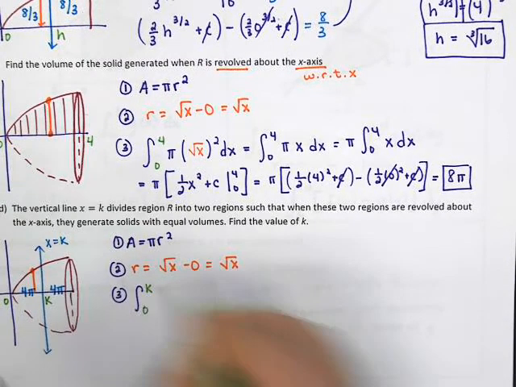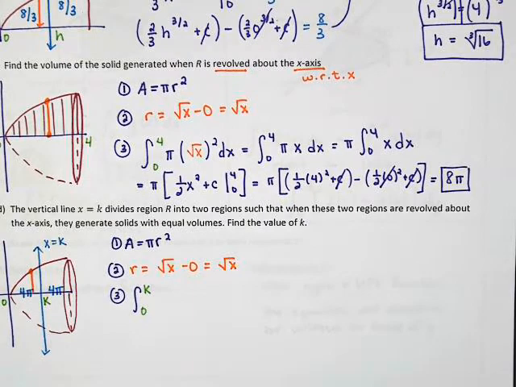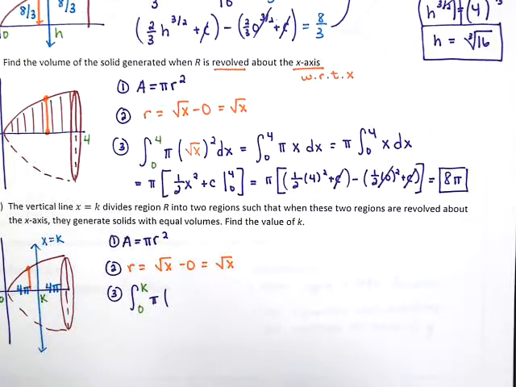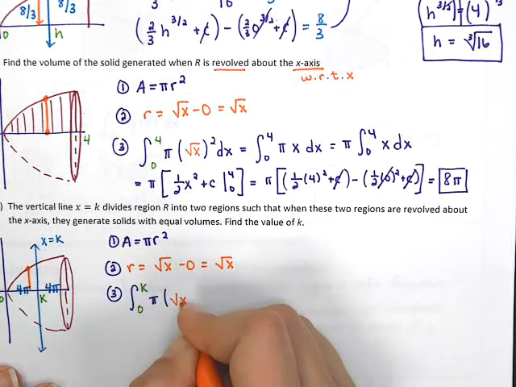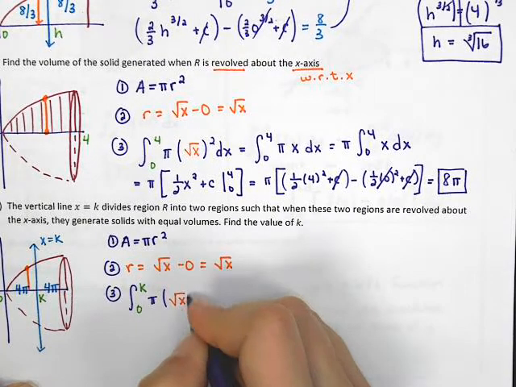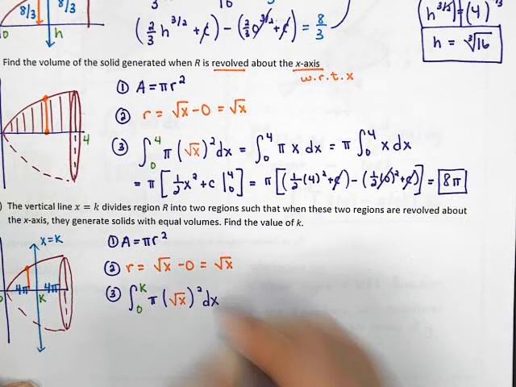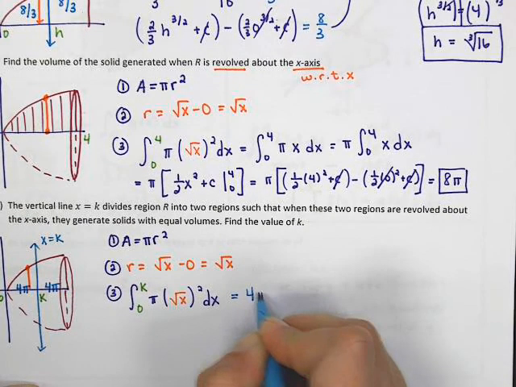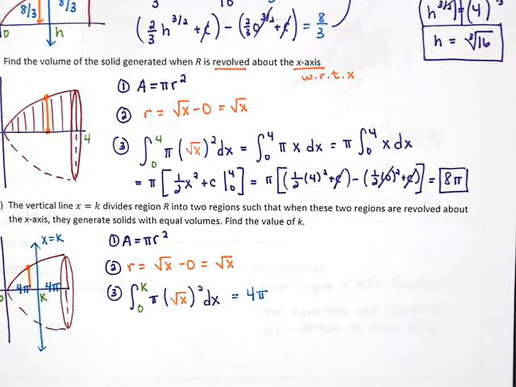I don't know that end bound. And then I'm going to have pi times my radius, which is the square root of x, squared dx. And I know I want this integral to equal 4 pi. So in a similar way to the way we did the area problem, we're going to be solving for k. We want to find k.